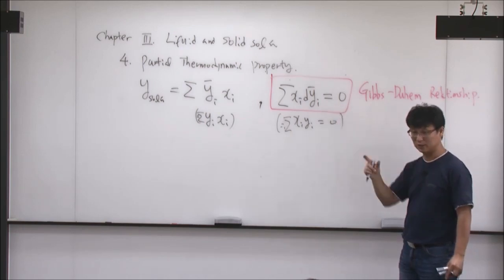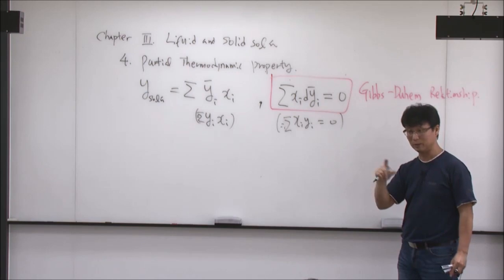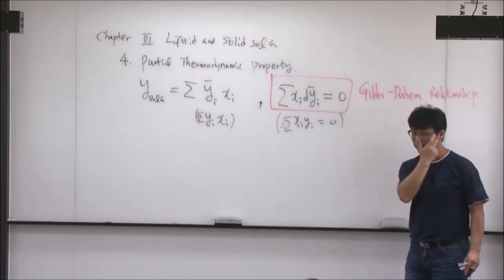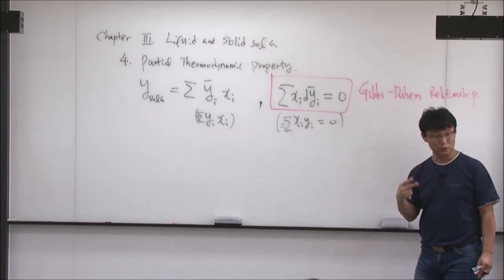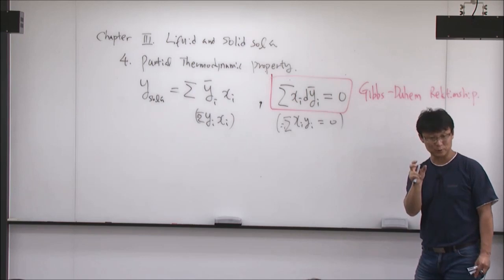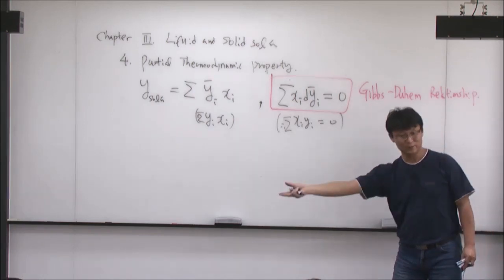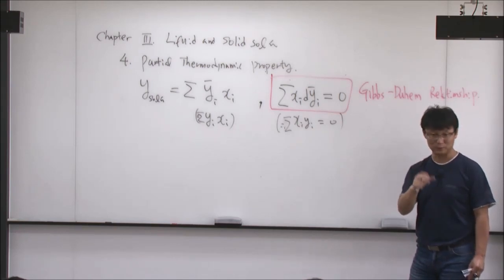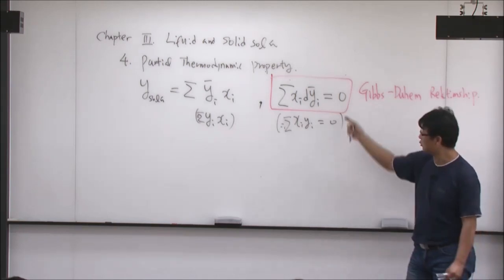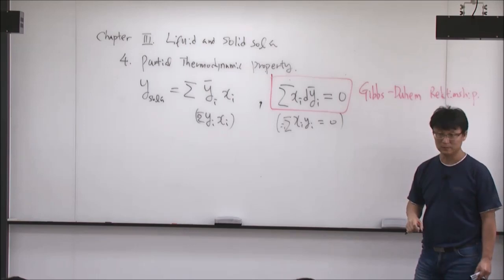So we can test the consistency of the two thermodynamic experimental data. The other way is, when a thermodynamic property is very difficult to measure, people measure the other one, and then back-calculate and derive the property they want by using the Gibbs-Duhem relationship.